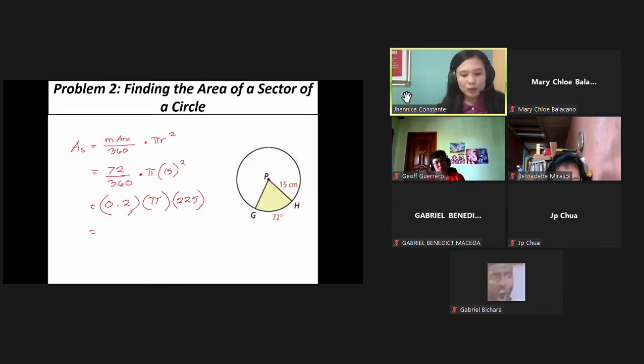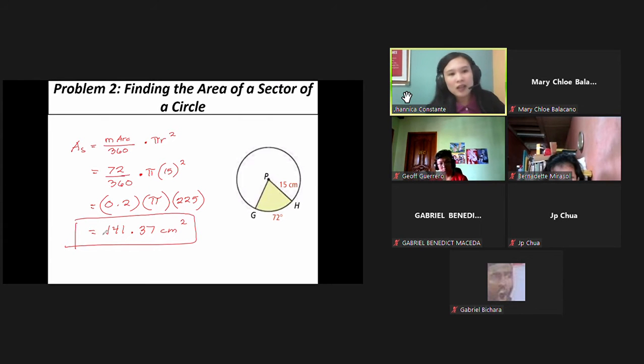So 225 times pi times 0.2, we will have an area of sector equal to 141.37 centimeters squared. So that is the area of the sector that we have in circle P, with a radius of 15 centimeters and an intercepted arc which measures 72 degrees.